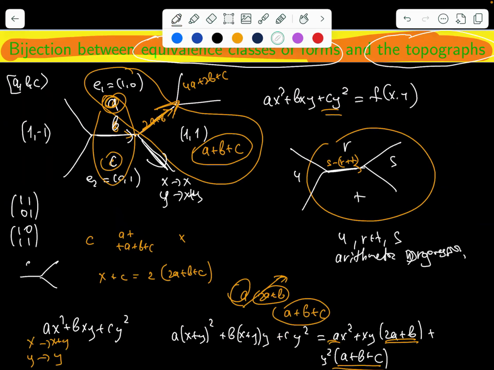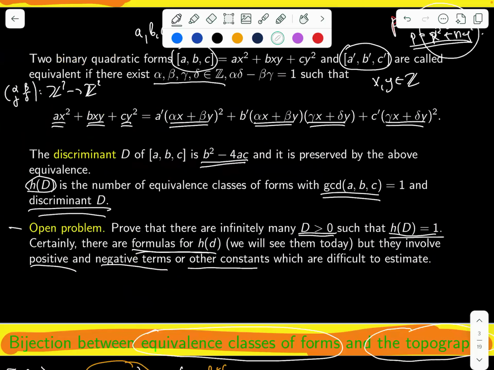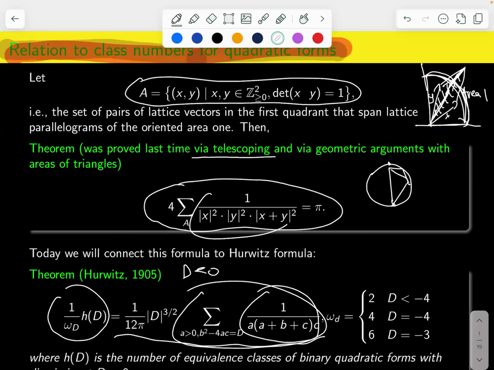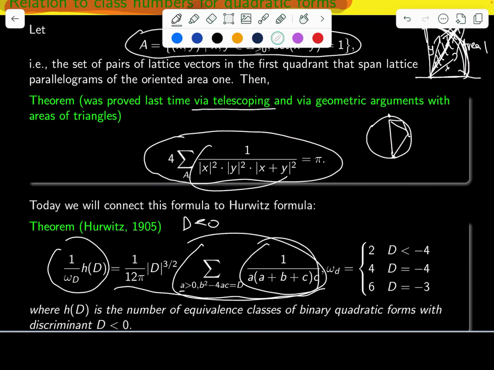It was a here, c here, a plus b plus c here. Okay, b was on the edge, but it doesn't matter. So in the sum above, we just take a topograph. What are these numbers? a bigger than 0, b^2 - 4ac equals d. So it means that we take all the possible quadratic forms of discriminant d, and we take a sum of such things.